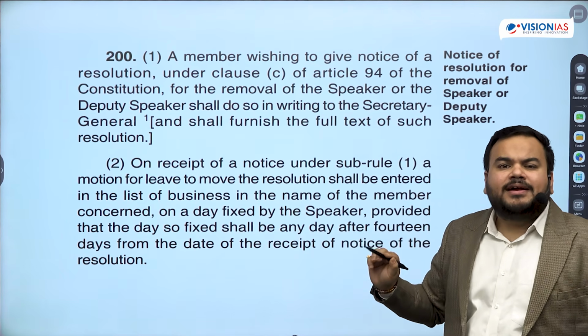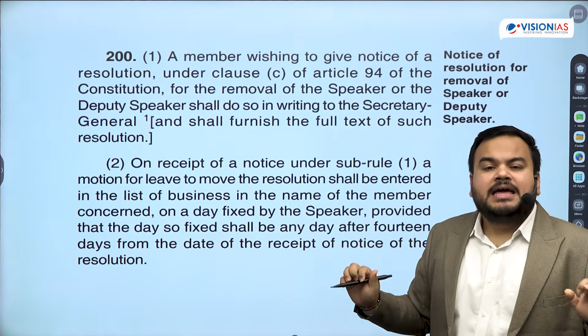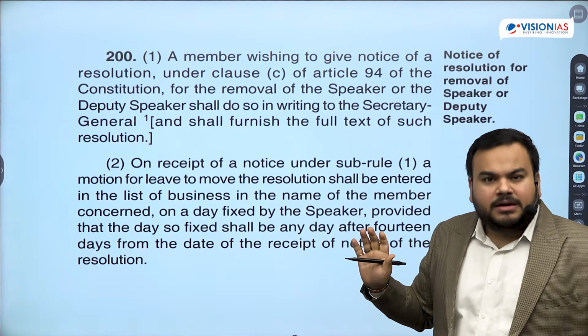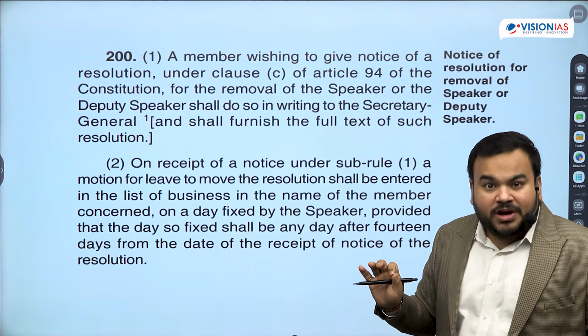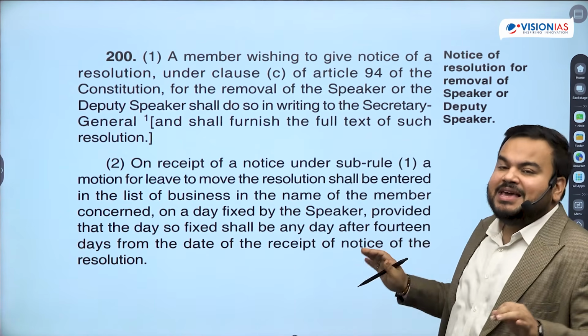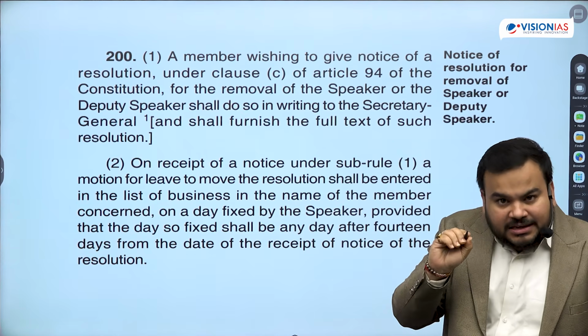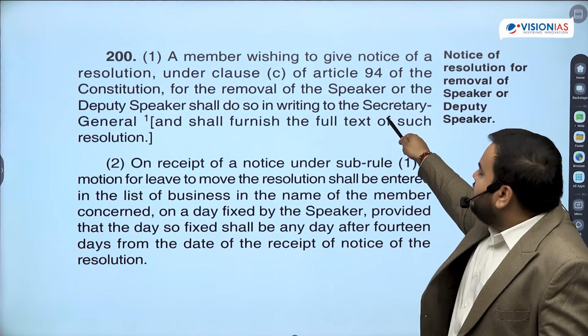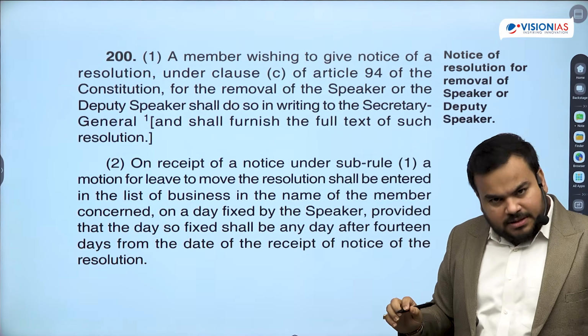Rule number 200 says that whenever a member wants to introduce a motion against the Speaker, he has to give it in writing to the Secretary General of the Lok Sabha.